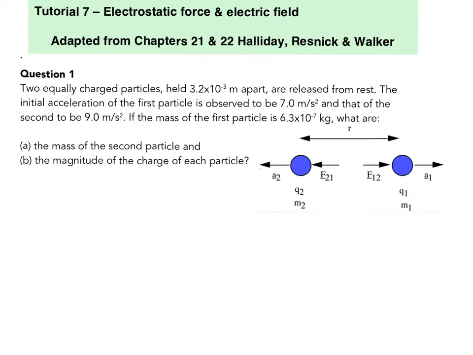So for the first question, we are asked to find the mass of the second particle. We can do this by just looking at Newton's second law. We can say the charge is equal for both particles.